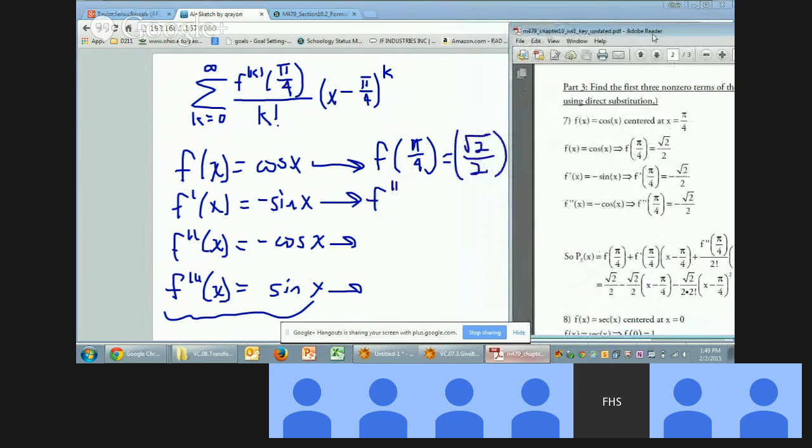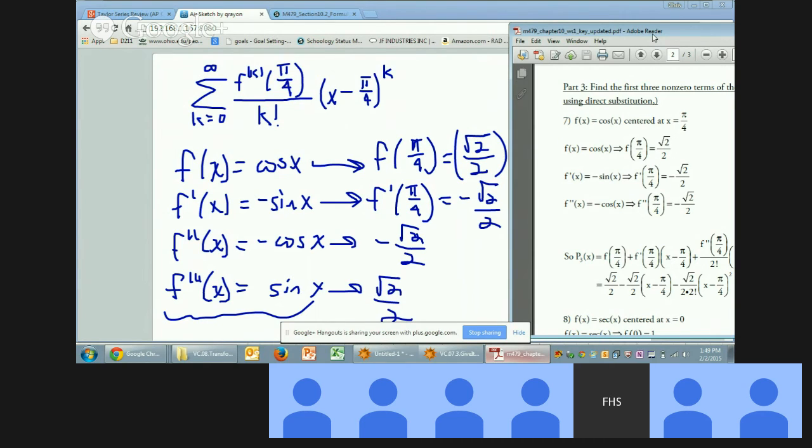Like f single prime at pi over 4 is negative sine of pi over 4, so negative root 2 over 2. Luckily, the root 2 over 2's keep sticking around, and the only thing that's changing are the signs. So you have another negative root 2 over 2. If you did go up to the 3rd derivative, you'd be back to a positive root 2 over 2.